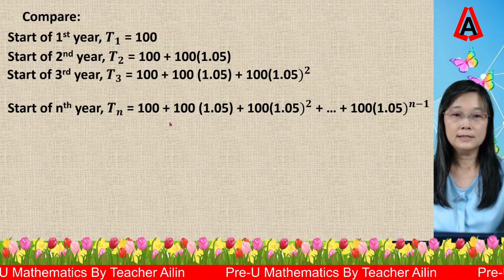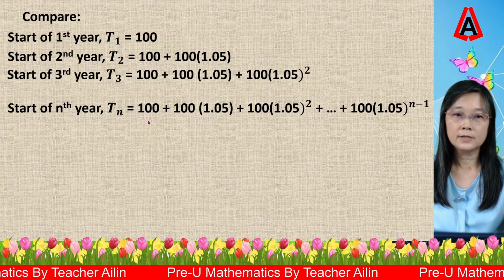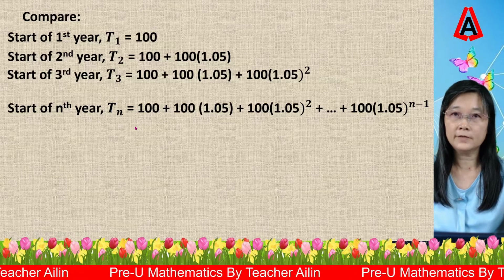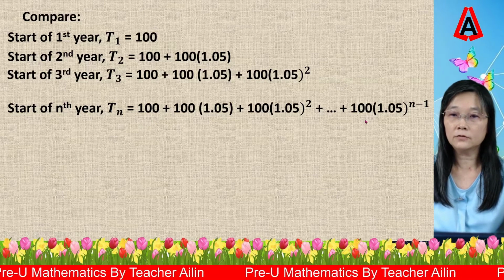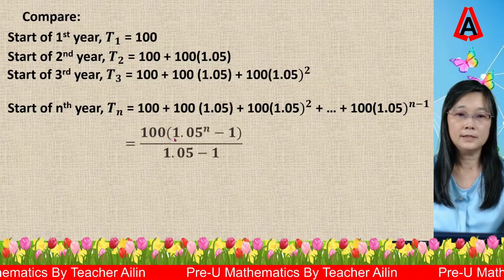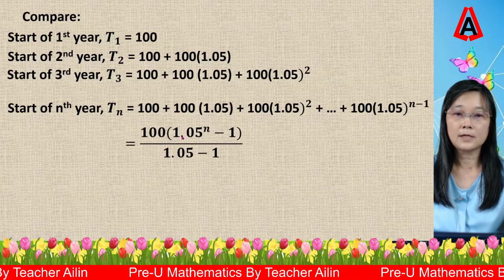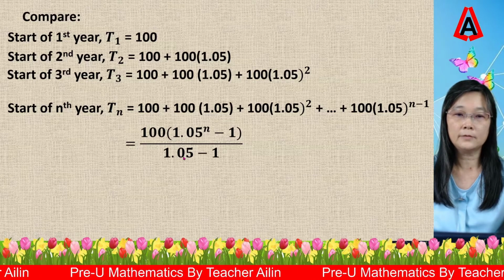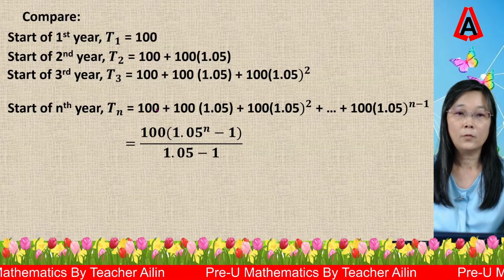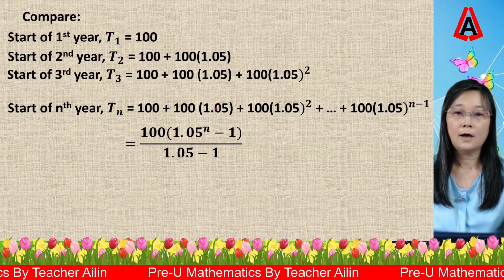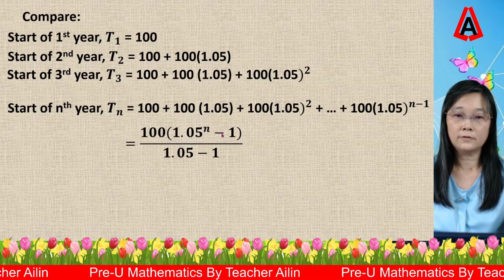So in this case, I can use the formula for the sum of the first n terms of a geometric series to find the total amount. That is a times (r power n minus 1) divided by (r minus 1), where a is 100 and r is 1.05.